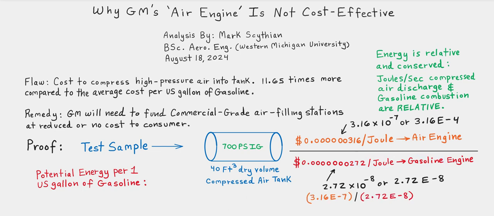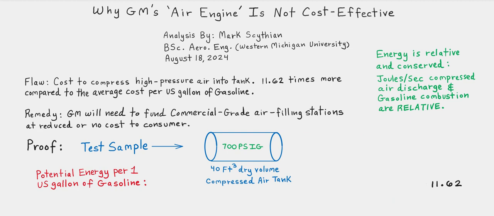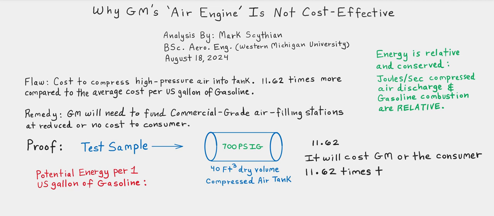So we will divide these two values out, and the cost for compressing air versus purchasing gasoline is actually 11.62 times more expensive to compress the air compared to buying the gasoline. So it will cost GM or the consumer 11.62 times the cost of a US gallon of gasoline.